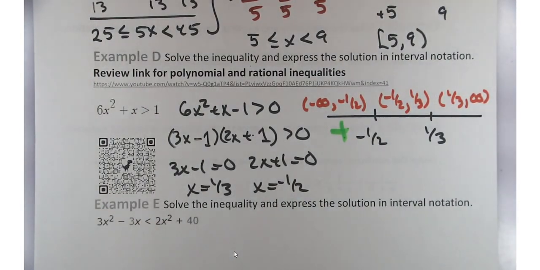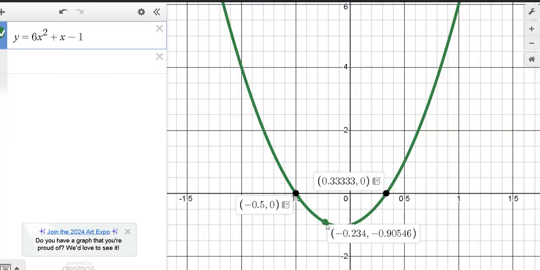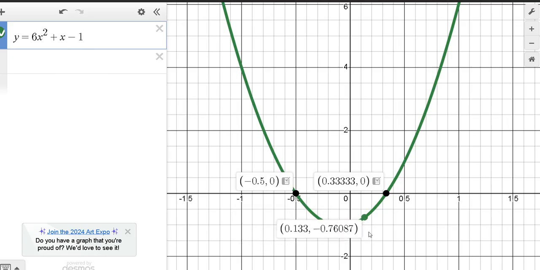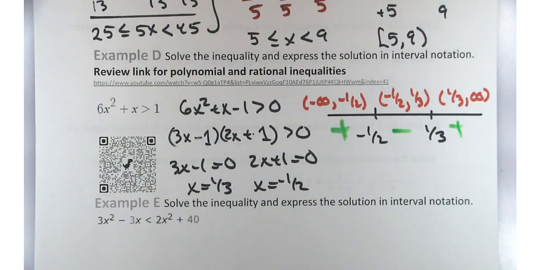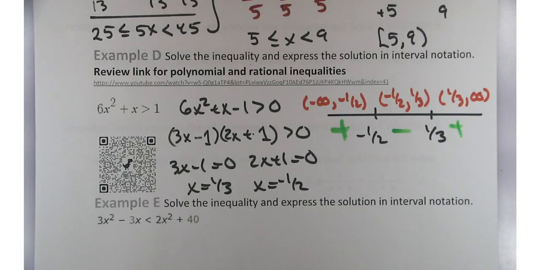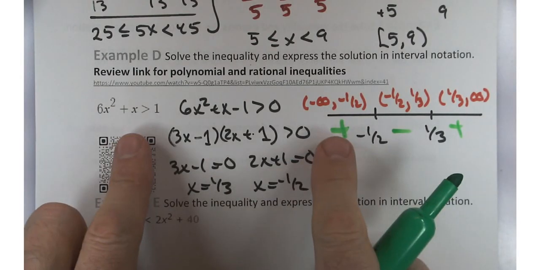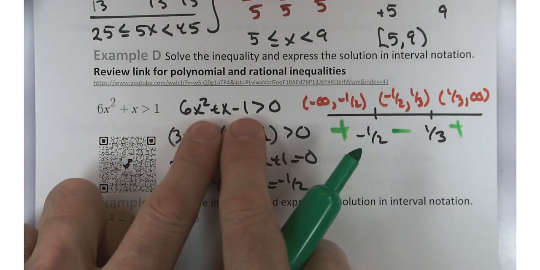In between, what happens to the values of y? Negative. Yeah, you're right. Negative is the answer I'm looking for. And then to the right of 1/3, it goes back to positive. So positive, negative, positive. Which intervals do I want for my solution? Do I want the positive intervals or the negative intervals?